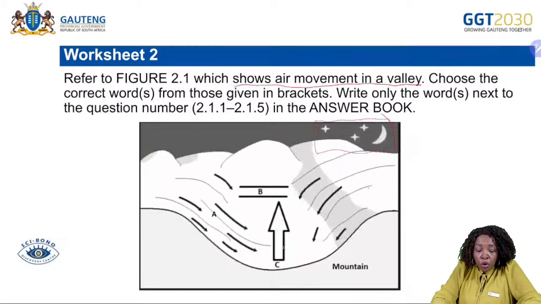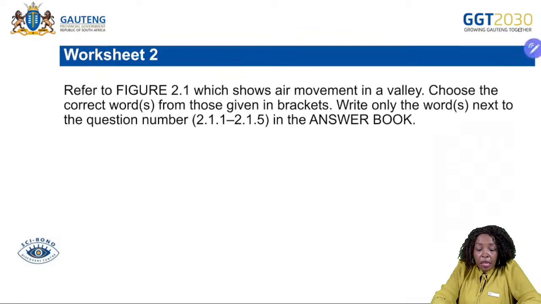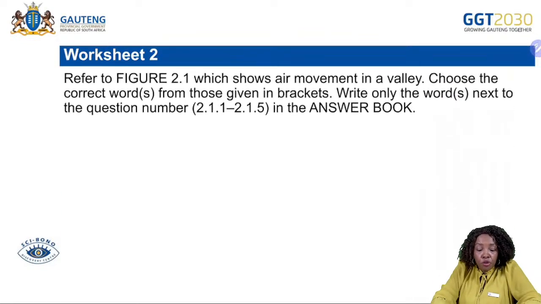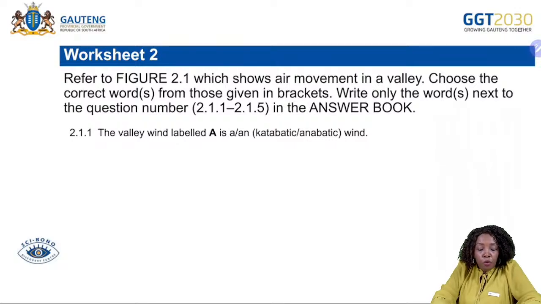Right. So I hope you have captured the diagram. Then here are the questions. Refer to figure 2.1, which shows air movement in a valley. Choose the correct word as I have indicated, and these are your questions. The valley wind A, is it a or an katabatic or anabatic wind? All right.